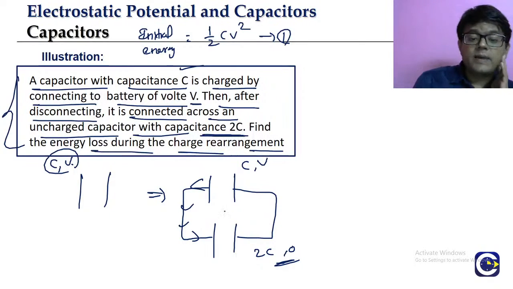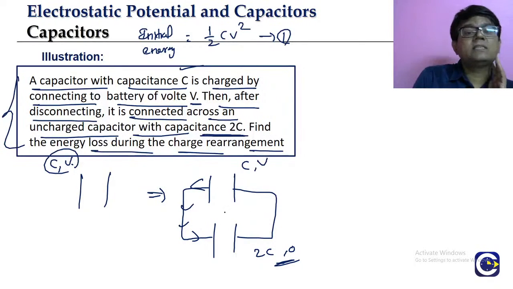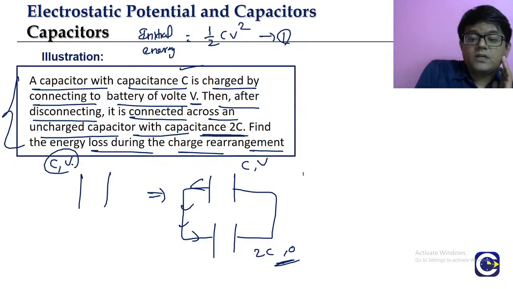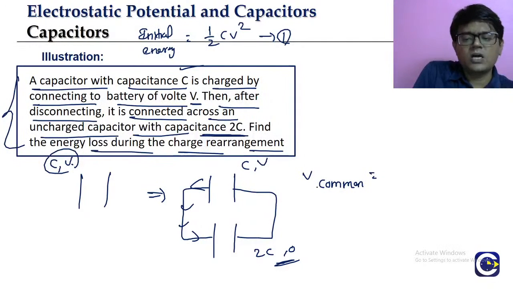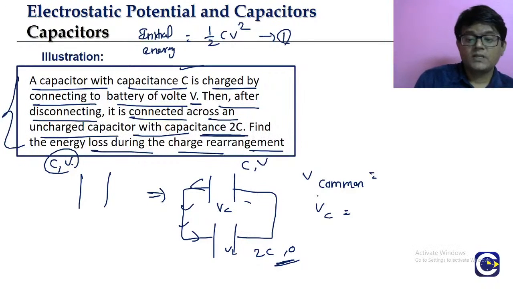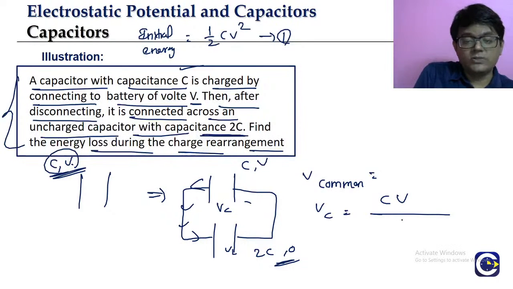Once we connect it, there will be charge rearrangement. We can find what is the common potential, V common, or we can say VC. Finally both will have the same potential. The charge on the first capacitor, which is C into V, divided by total capacitance value, which is C1 plus C2.